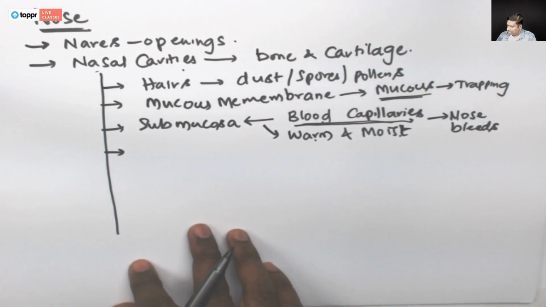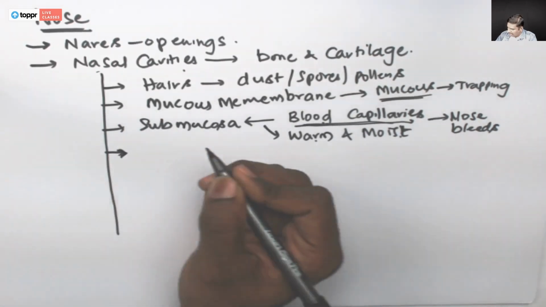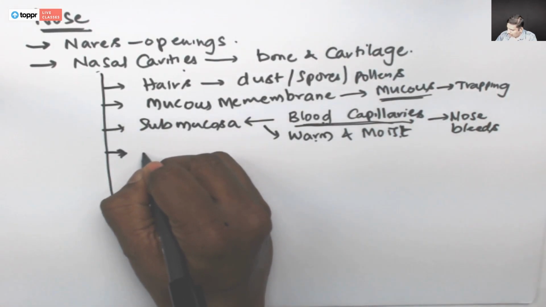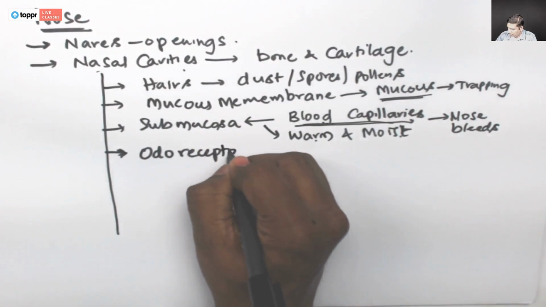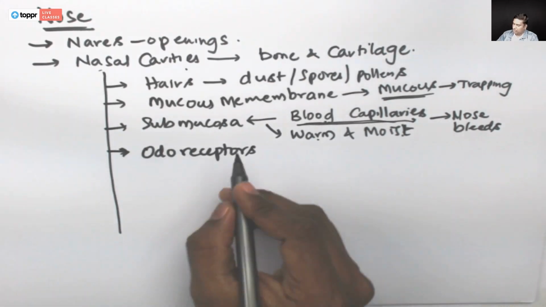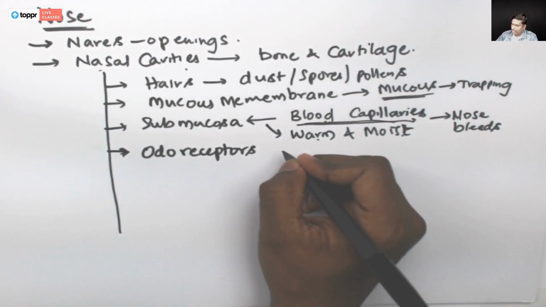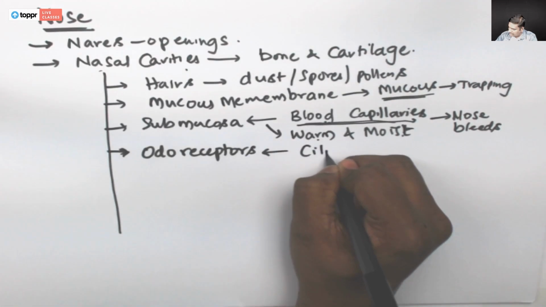Then in the roof of the nasal cavity itself, there's one more component, which are the odoreceptors. You are able to smell because of these odoreceptors, and these odoreceptors are basically ciliated cells.